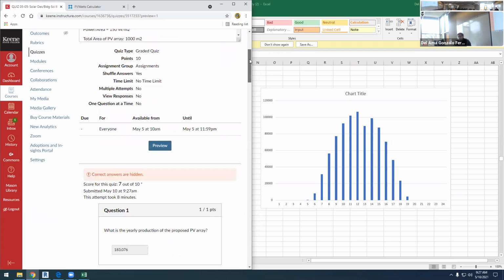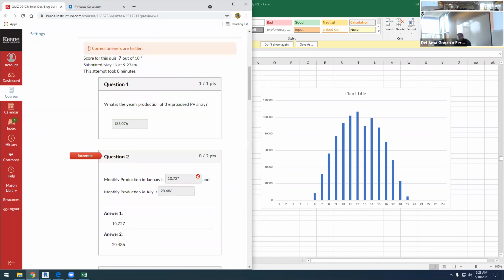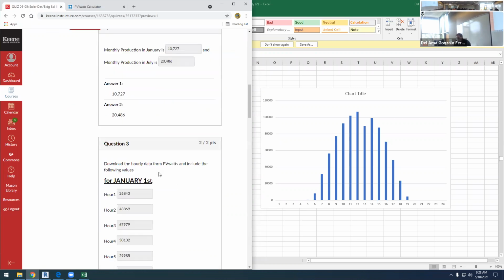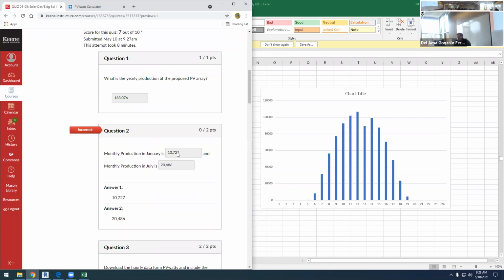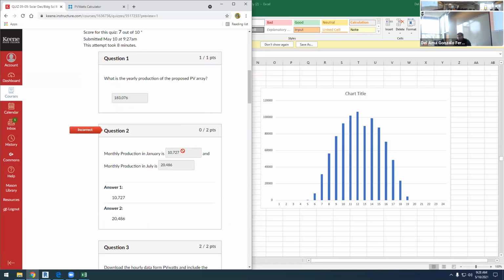And why is this question incorrect? You can see they're the same. Well, I don't know. This shouldn't be incorrect.